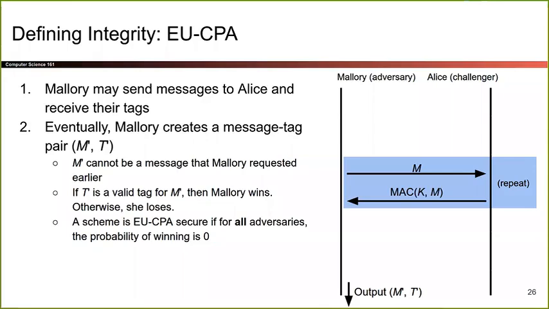We're not coin flipping. We're just looking for Mallory to succeed at all. So if she can never create a valid pair, then the probability of her winning is 0. If she can create a valid pair without the key, then the probability that she wins is not 0, and the scheme is not secure. So this is the EU-CPA game. I will pause if anyone has questions.